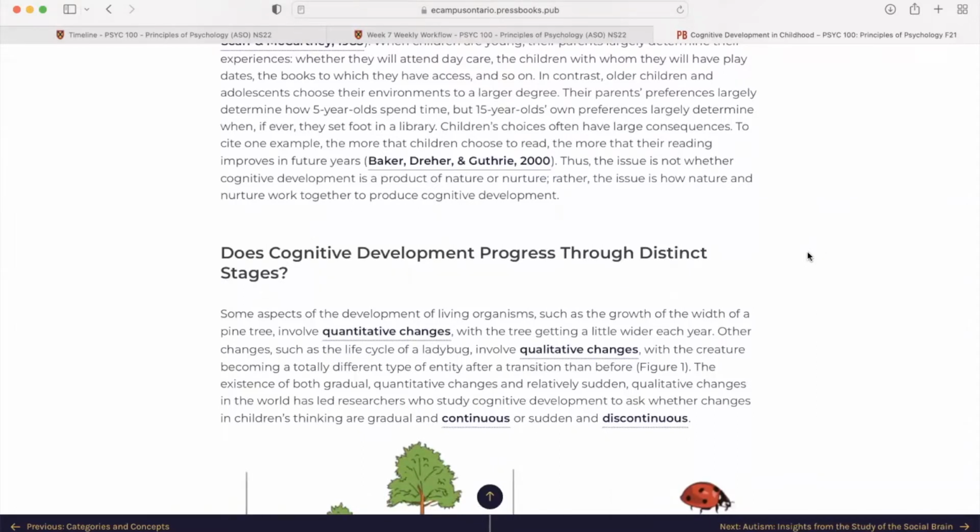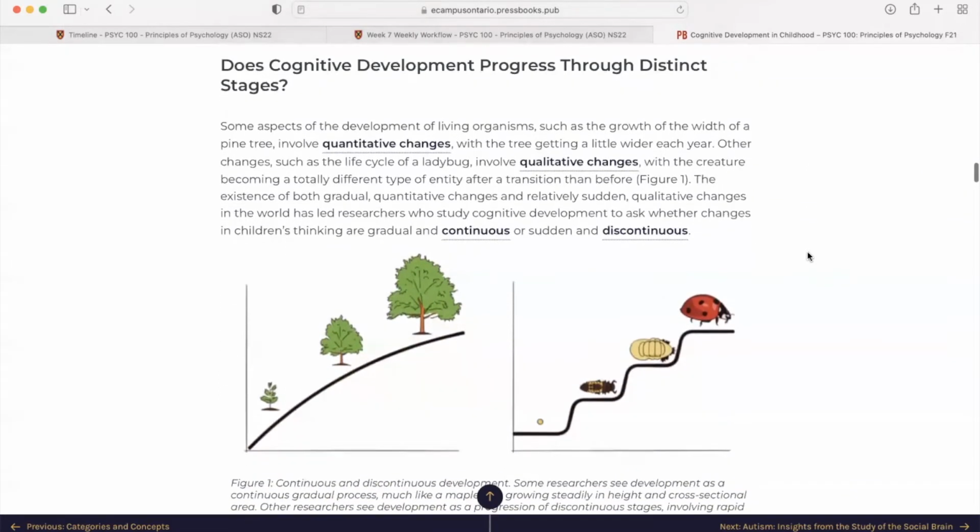Does cognitive development progress through distinct stages? Some aspects of the development of living organisms, such as the growth of the width of a pine tree, involve quantitative changes, with the tree getting a little wider each year. Other changes, such as the life cycle of a ladybug, involve qualitative changes, with the creature becoming a totally different type of entity after transition than before.